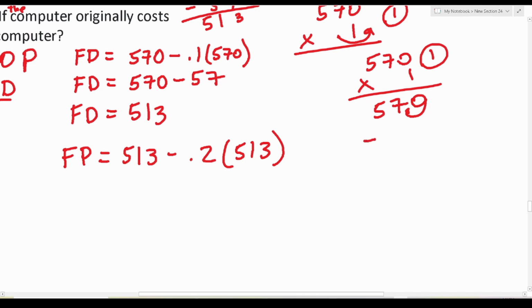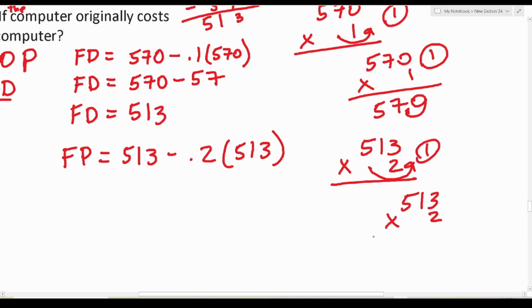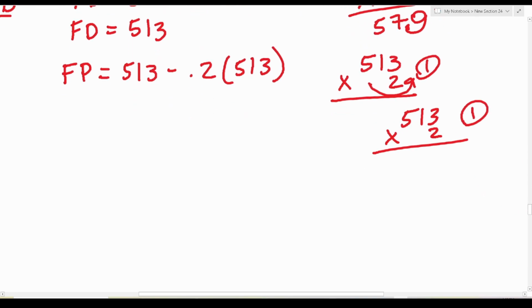We're doing 513 times 0.2. Again, we're multiplying a whole number by a decimal, so shift that decimal one time to the right. This becomes 513 times 2, albeit with one decimal to shift back into the left at the end. 3 times 2 is 6, 1 times 2 is 2, 5 times 2 is 10. Shift our one decimal back in.